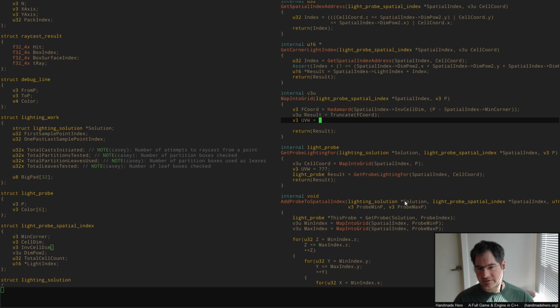The UVW in this case is just the F chord minus whatever the truncated version was, right? So there's that. Who knows how we want to implement that.